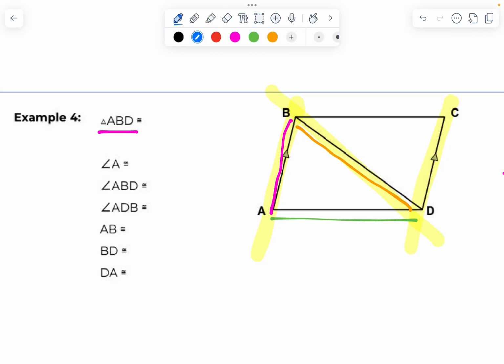When you have parallel lines cut by a transversal, you know that this angle is going to match this angle because they are alternate interior. We also know that side BD is going to be the same as side BD because it is literally the same side. So I'm going to go ahead and mark that as the same.